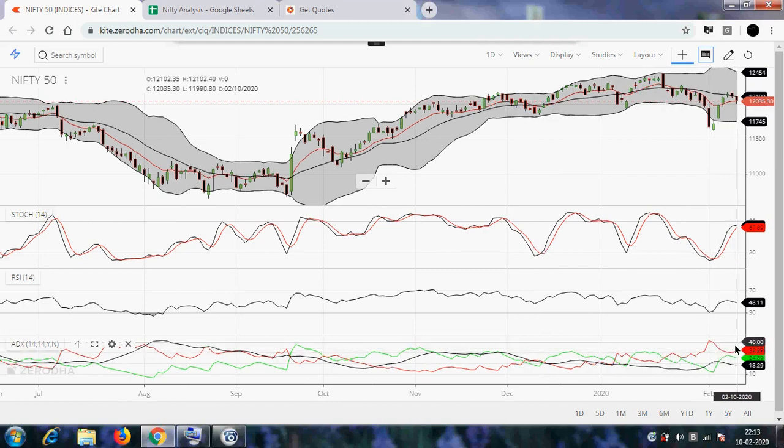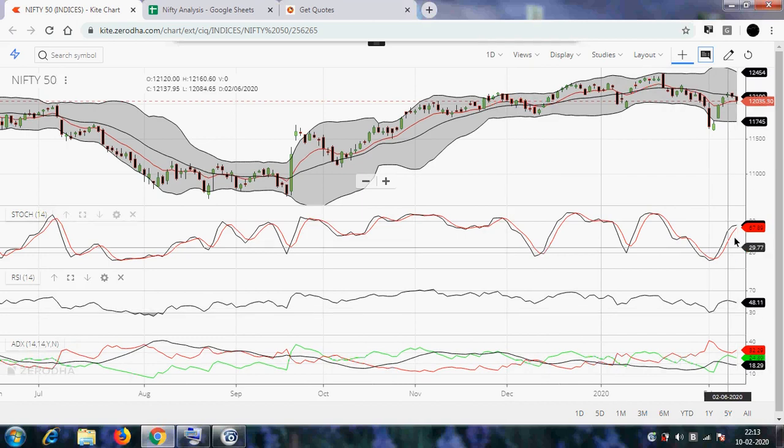So it seems like this downward momentum is again peaking, going by the ADX. RSI is again turning down, and the stochastic is also turning. So basically there is nothing positive in the market. Things are looking negative from the chart perspective.